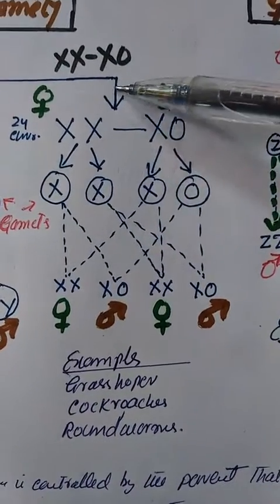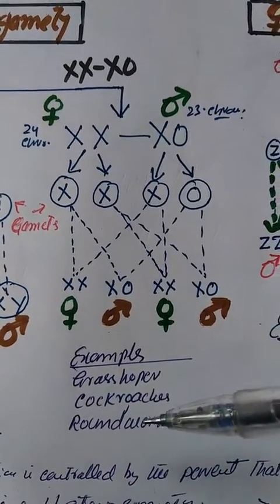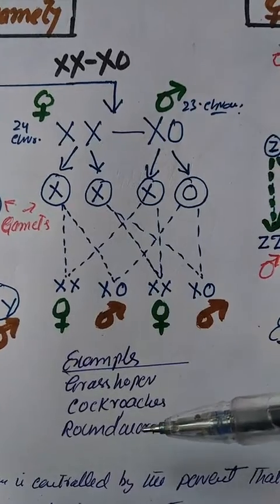This type of sex determination is seen in insects like grasshopper, cockroach, as well as in roundworms.